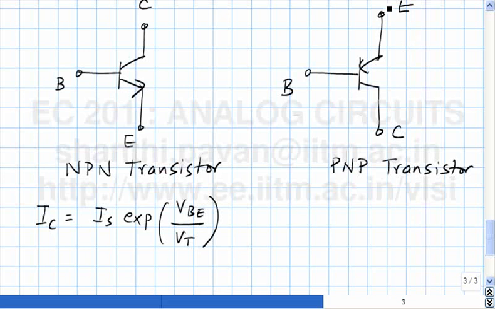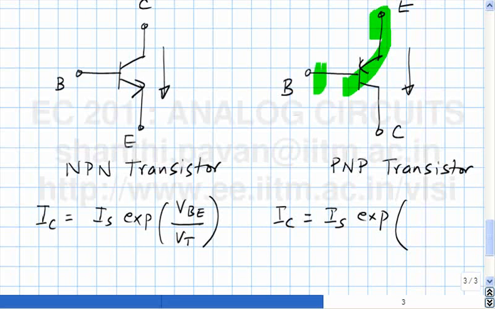In the PNP transistor, as the arrow indicates, the quiescent current flows from the emitter to the collector, and IC, which flows out of the collector, is also of the form IS exponential. If current has to flow from here to here, this terminal must be at a higher potential than this terminal, so it must be VEB.